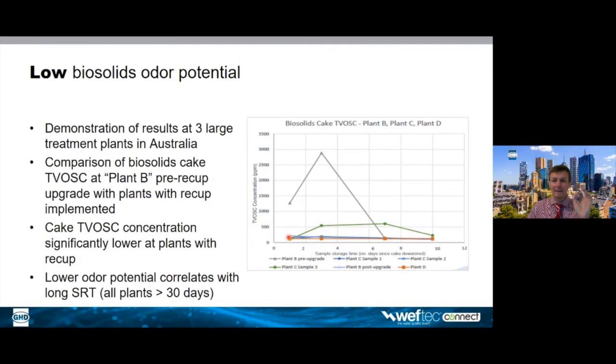And it's quite clear that by achieving the 30-day or greater SRT through the use of recuperative thickening, the cake odour potential is very stable in general and around an order of magnitude below that observed at plant B prior to the upgrade.